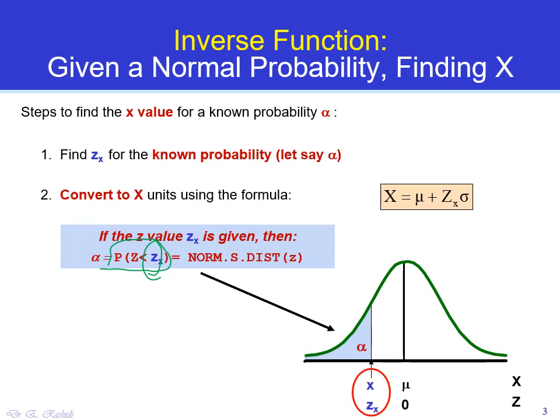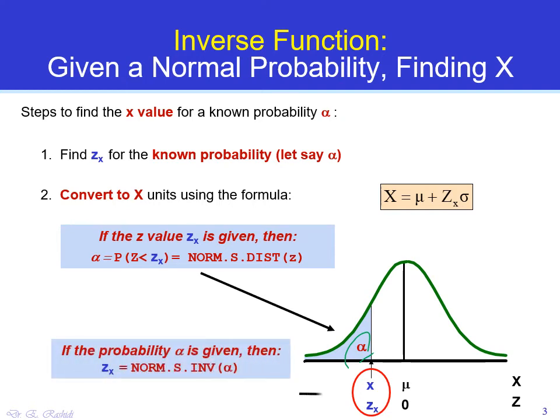We can use the z table to do that, or we could use this formula from Excel, norm.s.dist z. So in this problem, we know x or z of x, and we are looking for alpha. That's the first problem that we learned. The problem that we learned in this lecture is we know alpha, and we are looking for x or z. So that's the second problem.